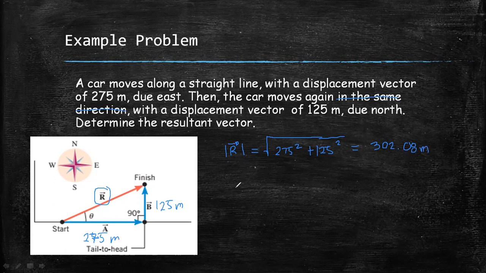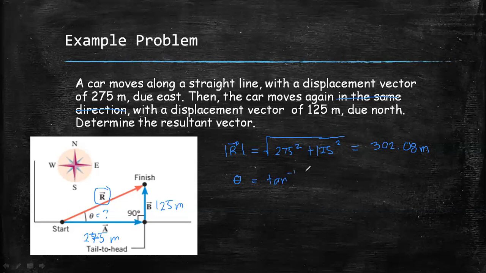Now, since it is a vector, we have to solve for the angle or the direction. So direction theta is equal to arctangent of the opposite side, which is 125, over the adjacent side, which is 275 meters. Therefore, our theta is 24.4 degrees.